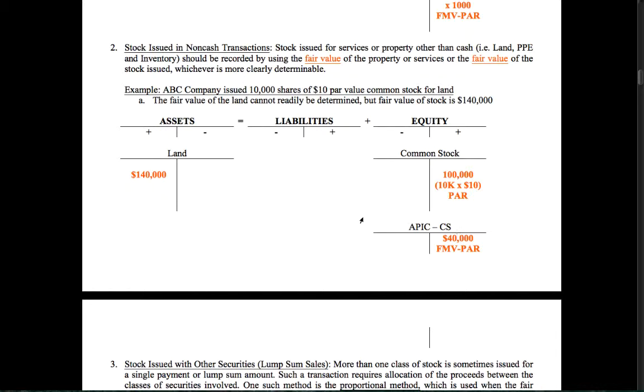And as we previously discussed, this represents the difference between fair market value and the par value of the share times the number of shares that were issued. As you can see, our assets equal our liabilities plus our equity, 140,000 to 140,000. Again, I just want to highlight that fair value is the key thing to remember in this type of transaction.